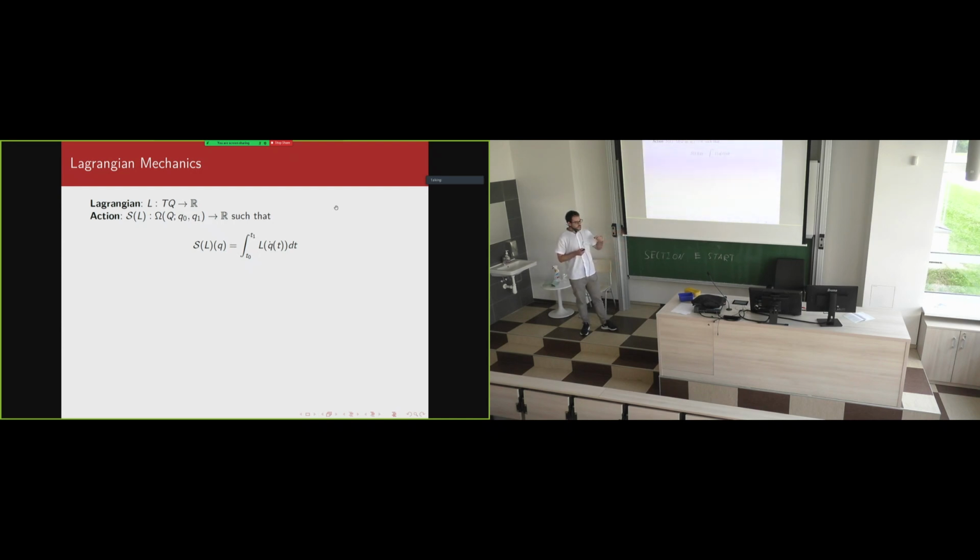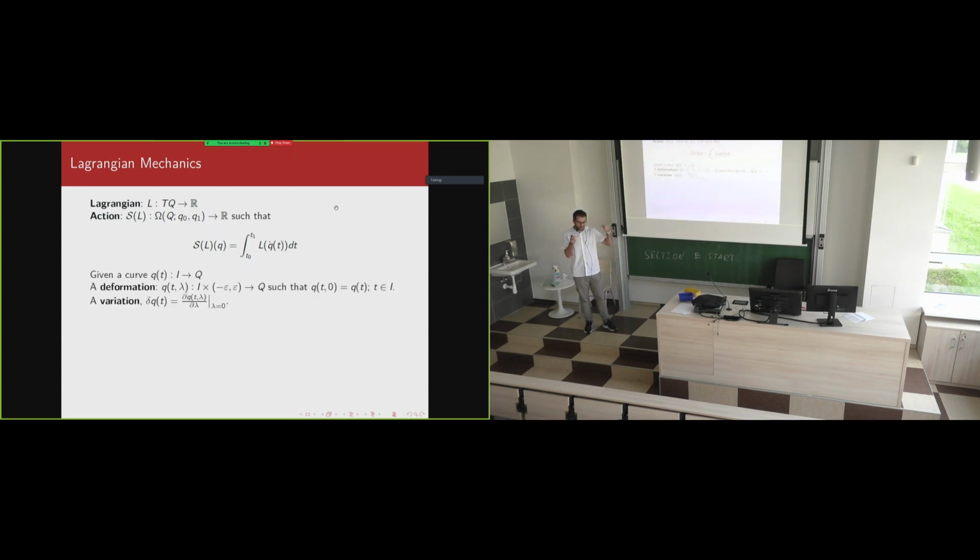And then we are going to define an action. This action is going to be defined for curves in our configuration space, which is Q, and then we fix these points, q0 and q1, which are the endpoints of these curves, and then we can associate a number to each of these curves, which is the action, and it's just the integral of the Lagrangian along the lift of this curve.